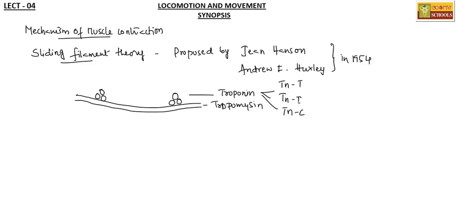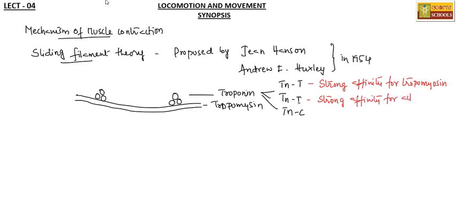In short, TNT has strong affinity for tropomyosin. TNI has strong affinity for actin.